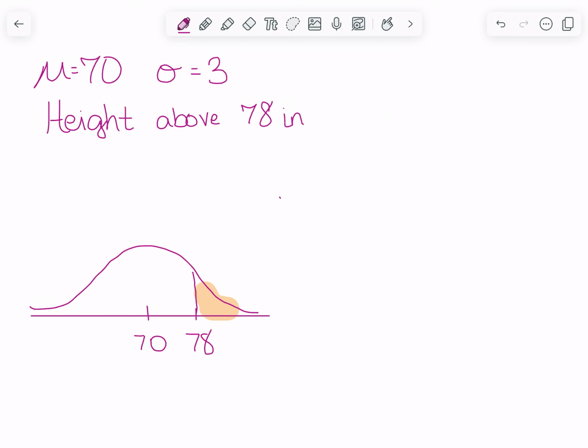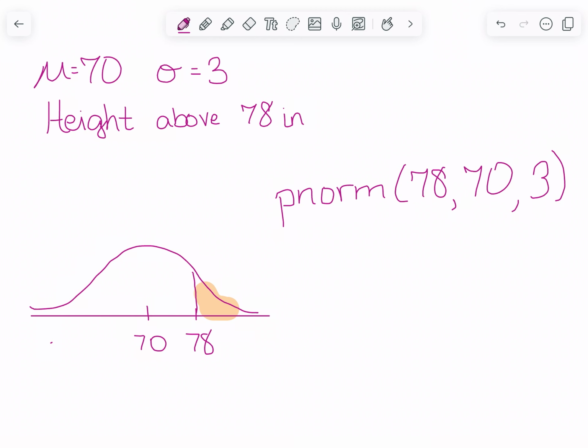If I try to do something similar to the last one and do my pnorm command using the value of 78, and then the mean and the standard deviation, this is actually not going to work. This is going to give me the area to the left, the unshaded portion in my graph. But that's not what I want.